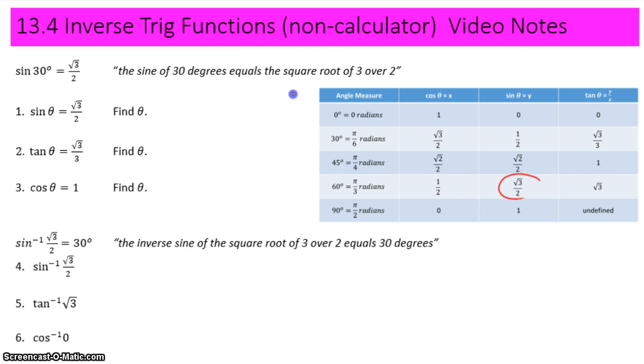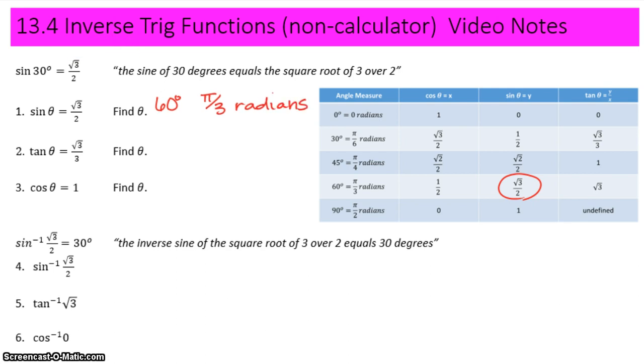And you would say, okay, so the sine of 60 degrees, or the sine of pi over 3, is square root of 3 over 2. So you would be able to find that theta measure. In degrees is 60 degrees, and in radians is pi over 3 radians. And we're going to want both answers here.